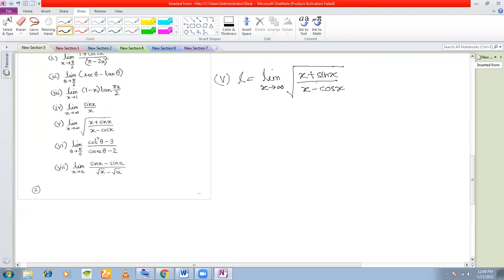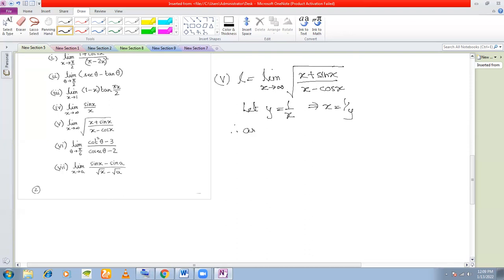Okay. Now, here if you see, x is again tending to infinity in this, right? So what we do here is, you can first change x tends to infinity to y tends to 0. So I say let y is equal to 1 by x. That means x is equal to 1 by y.